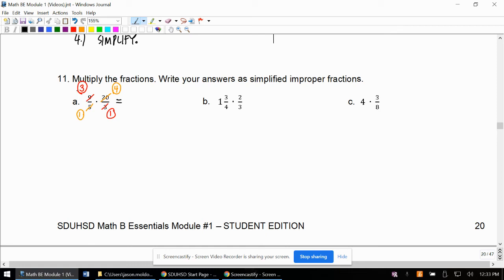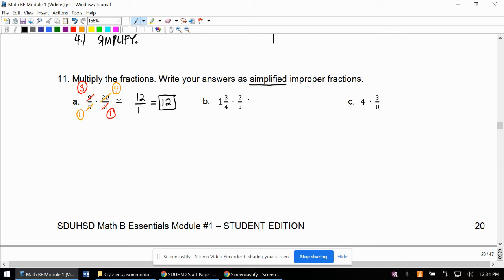And then we're going to multiply across. 3 times 4 is 12. 1 times 1 is 1. Double check your answer, simplified. It says write your answer as a simplified improper fraction. So even if you didn't cross cancel, it must be simplified.